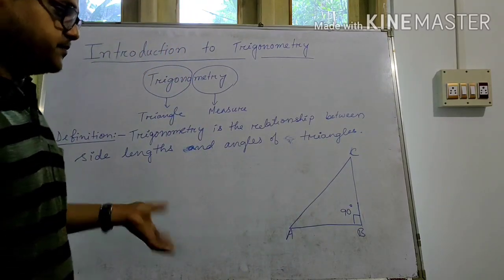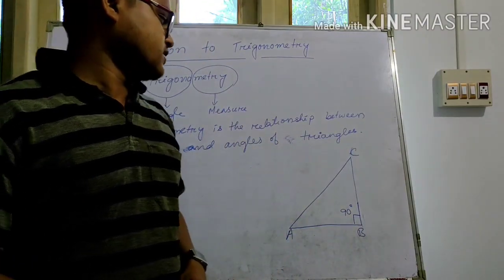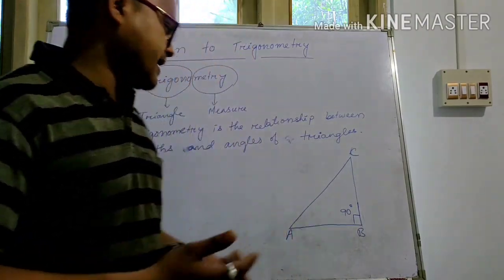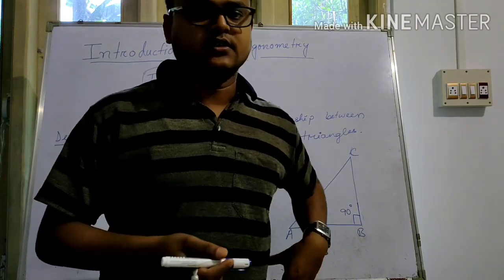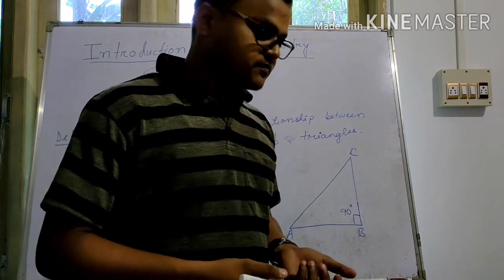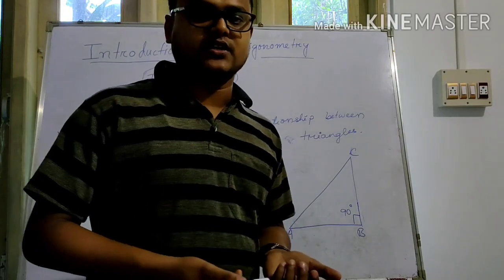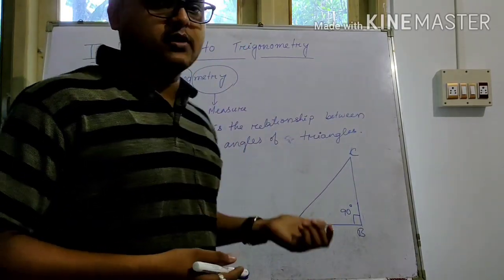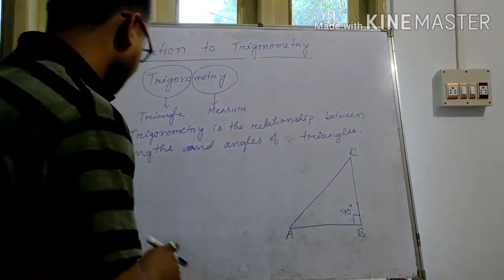There are 6 trigonometric ratios. First one is sin theta, second is cos, tan, cot, sec, cosec. Let's see how these trigonometric ratios are related to our right angle triangle.